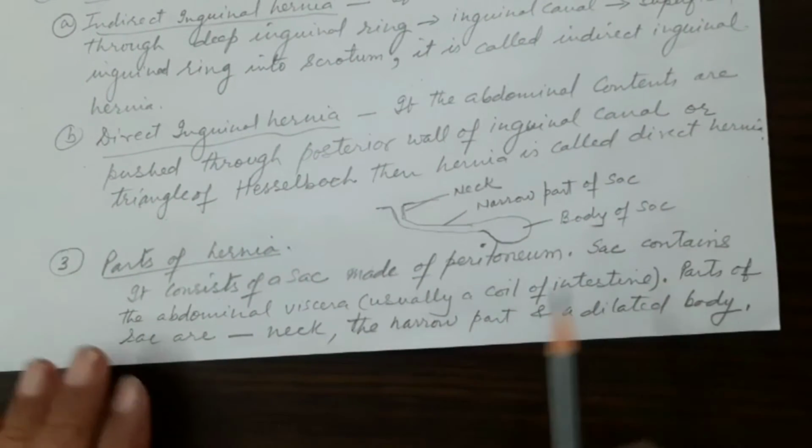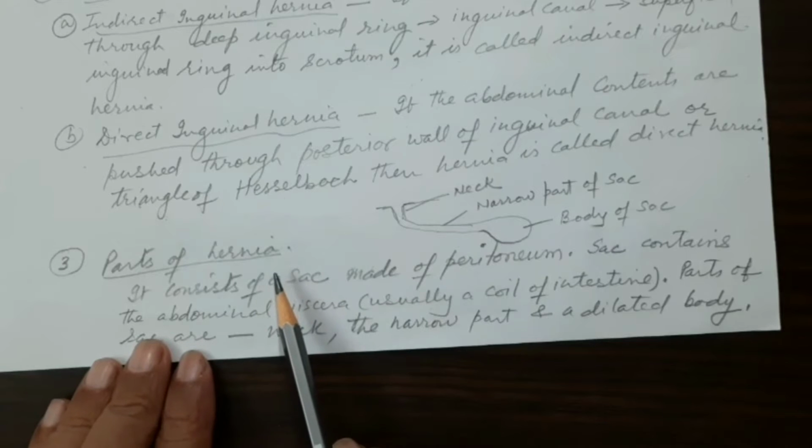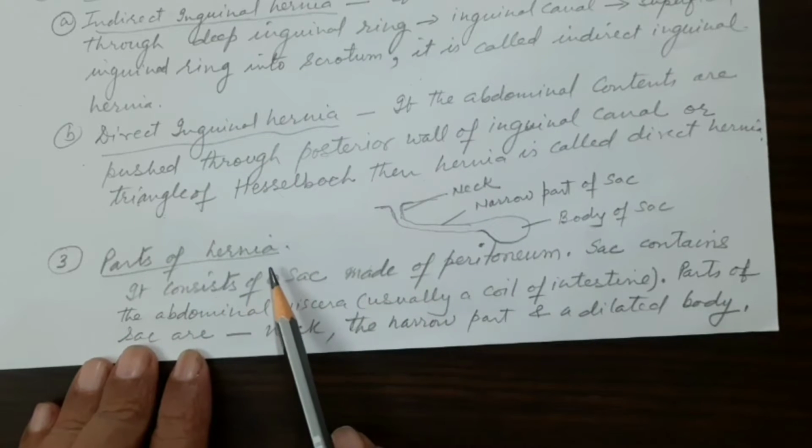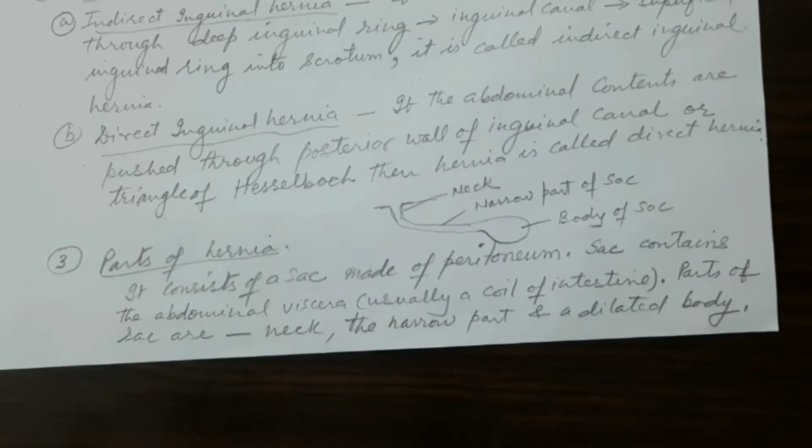Let us come to the third point of this question, and it is necessary to understand the parts of the hernia. What are the parts of hernia? That means of the abnormal protrusion where it pushes the parietal peritoneum, because deep to the fascia transversalis lies the extraperitoneal tissue, which is mostly adipose tissue, and then lies the parietal peritoneum.